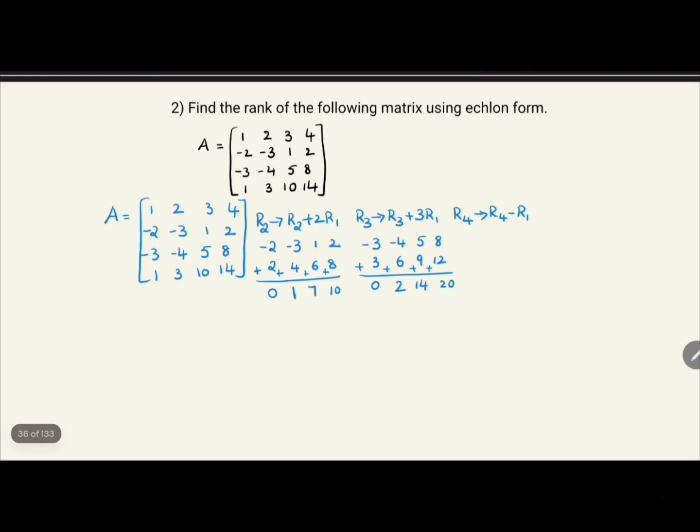Now coming to the third row operation, that is R4 minus R1. See, R4 is 1, 3, 10 and 14. R1 is 1, 2, 3, 4. So I'll subtract: 0, 1, 10 minus 3 is 7, 14 minus 4 is 10.